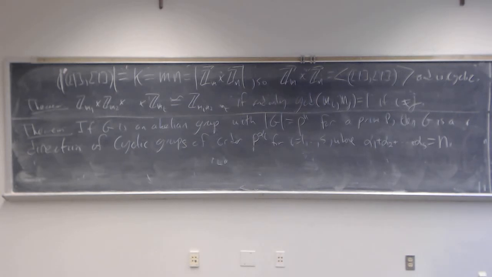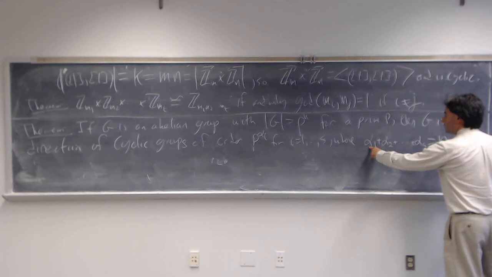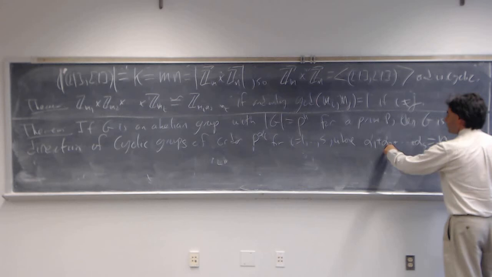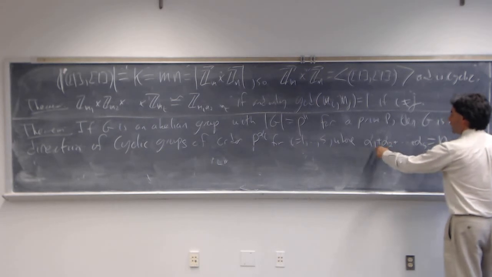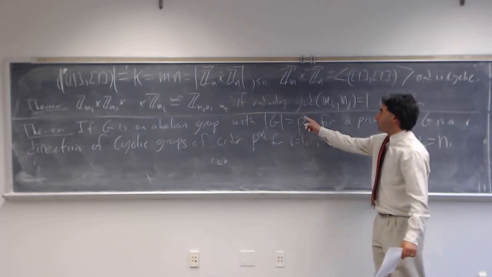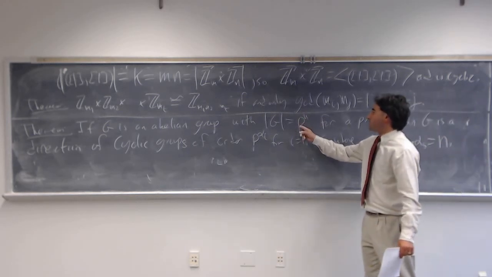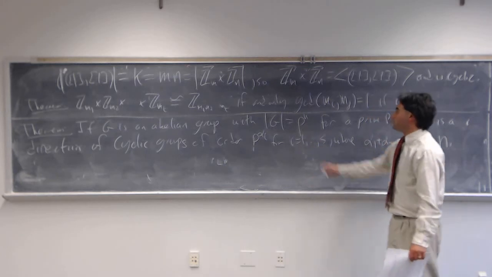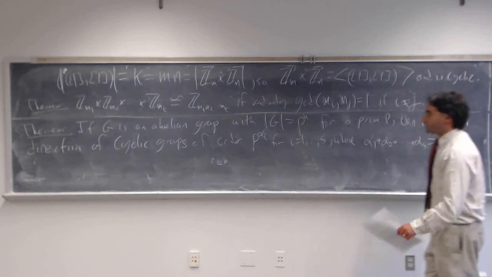In the other case, you could have alpha 1 be 1, alpha 2 be 1, so you'd have 1 plus 1 equals 2. And if p is 2, p to the first, it would be the direct product of Z2 cross Z2. Two groups with p to the first elements.